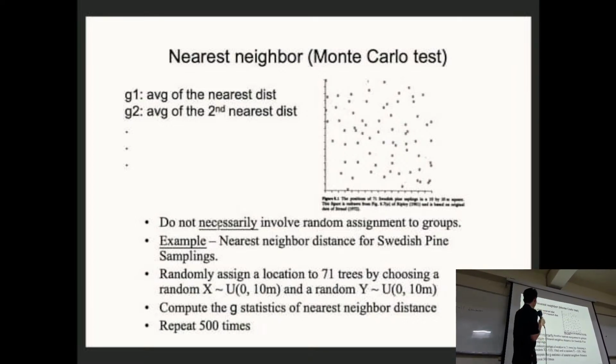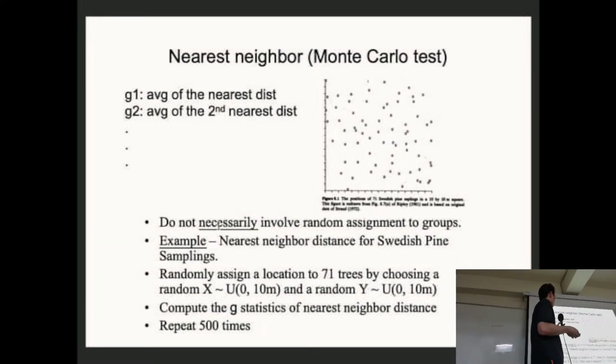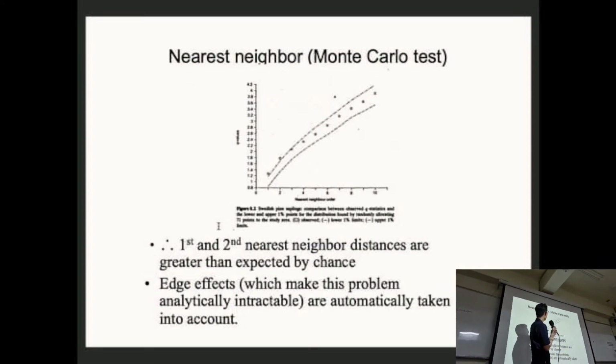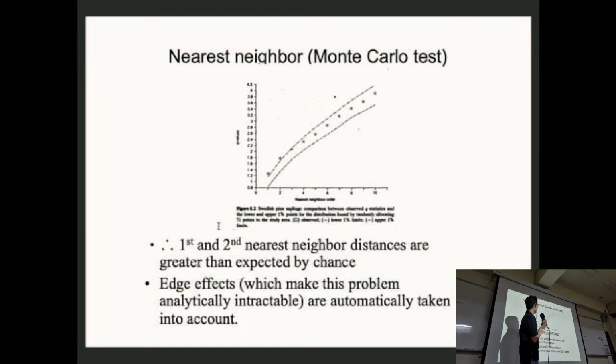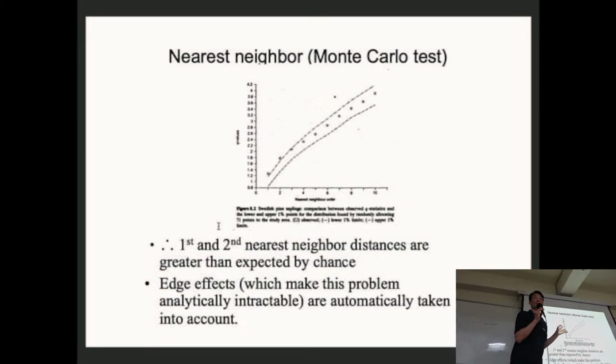I can calculate G1, G2, G3. So I can generate a distribution from your real-world data, the distribution of your G1, G2, G3. That's from your observed data.